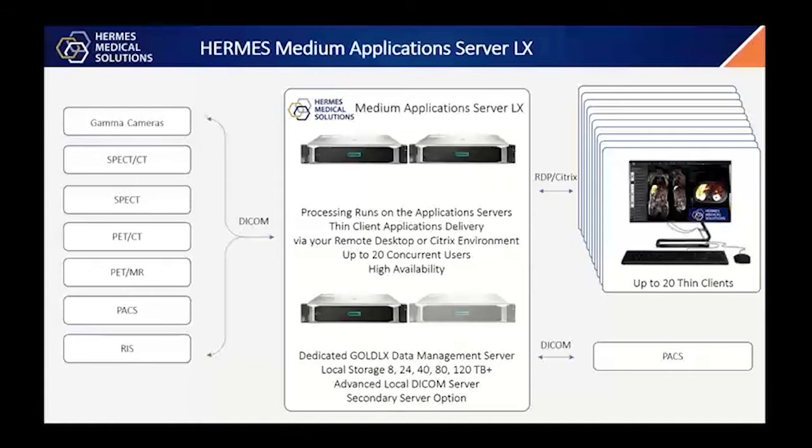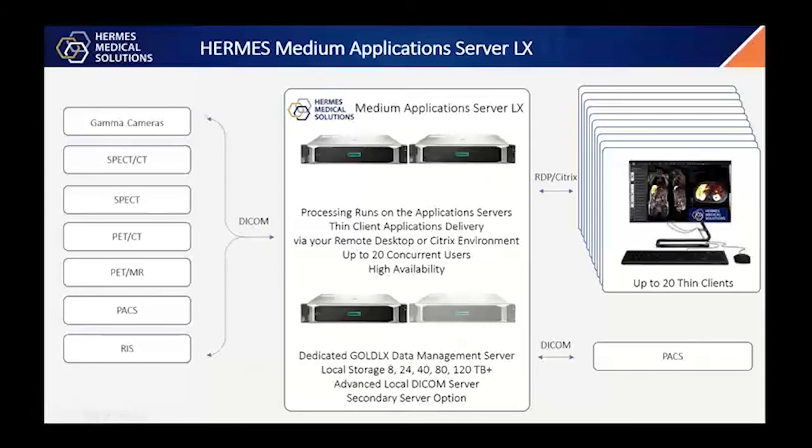So the load is balanced between the 2, which is an advantage when you're doing a lot of processing. But also, if you lose one of those servers, the other one will still be there to be used. Again, it needs the infrastructure within your IT to support that remote desktop or Citrix environment to support both of these. And on the lower layer here, we still have this data layer facility as well.